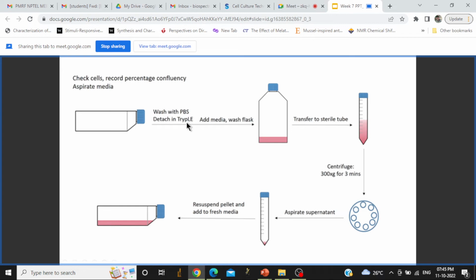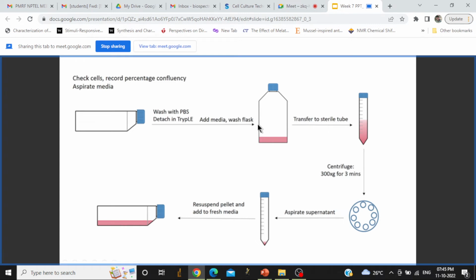It is added to the surface, and the flask is incubated for 2 to 3 minutes, depending on the type of cell, at 37 degrees centigrade in the incubator. When you see the cells under a microscope, they will have detached from the surface.